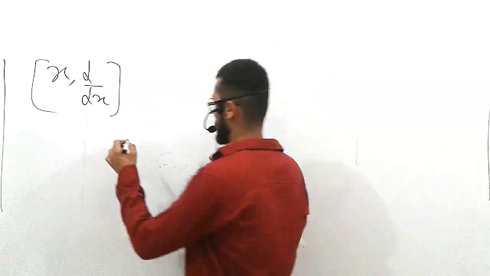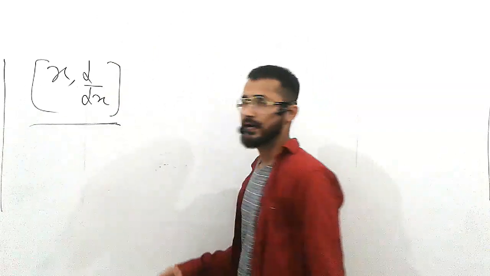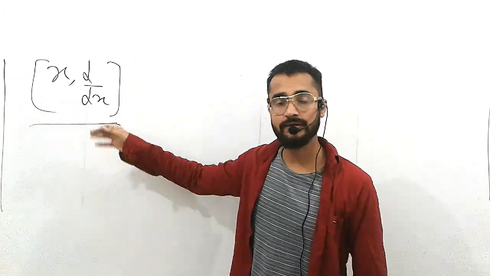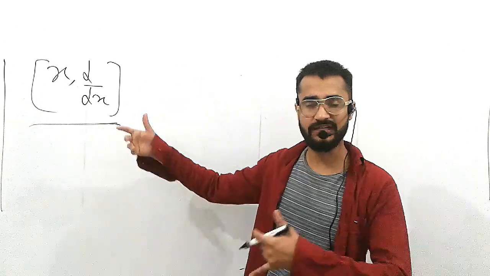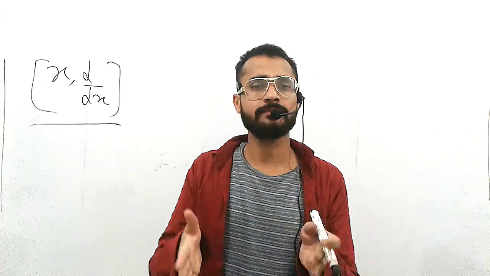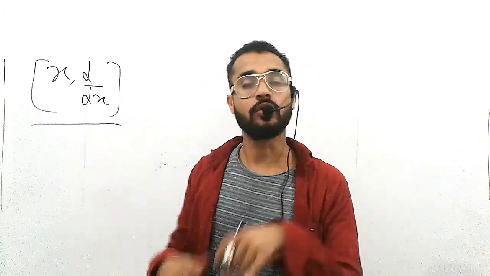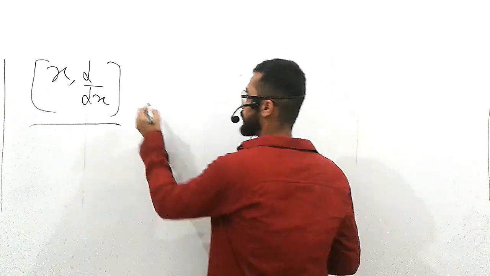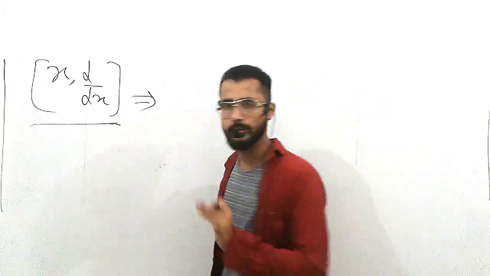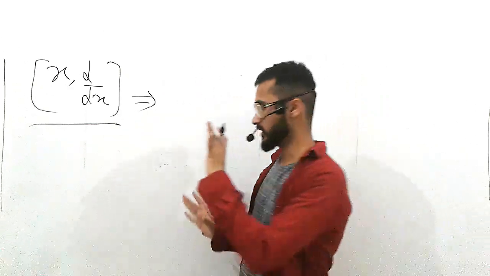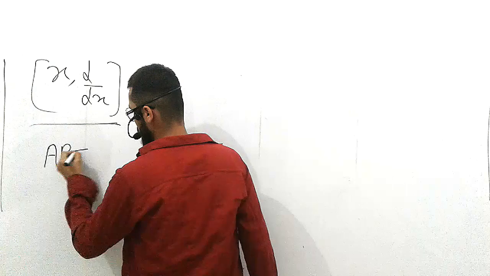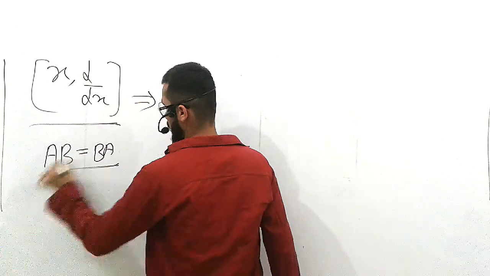Now basically this is the example, okay, and we have to apply a mathematical operation on this example and get the result, and then we will decide whether it is commute or non-commute. Okay, so now how to solve them? First of all we have to remember one particular condition for commute: AB is equal to BA.